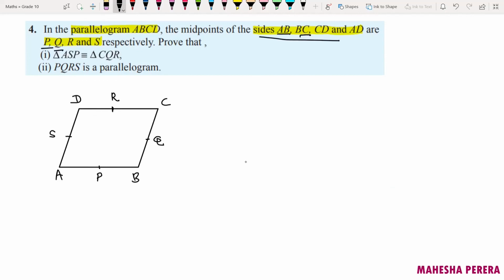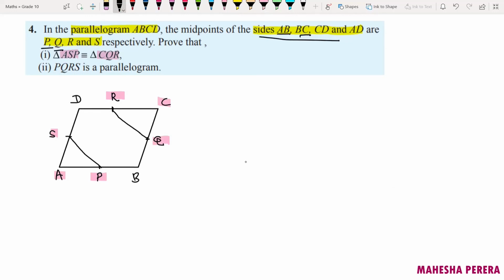The first question is triangle ASP. Let's connect. Then triangle CQR. Let's connect.